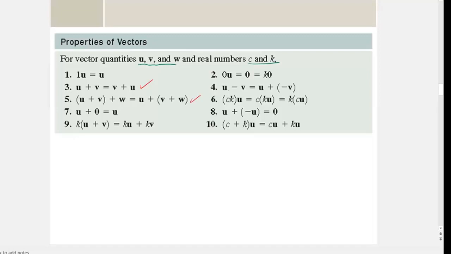And notice here, you can do whatever you want as long as you only use constants. You can't multiply vectors that way. u plus 0 equals u, we talked about. And if I add the positive and negative vector, we get 0. As long as you have a constant, it can distribute. Either way, this is distributing as well.